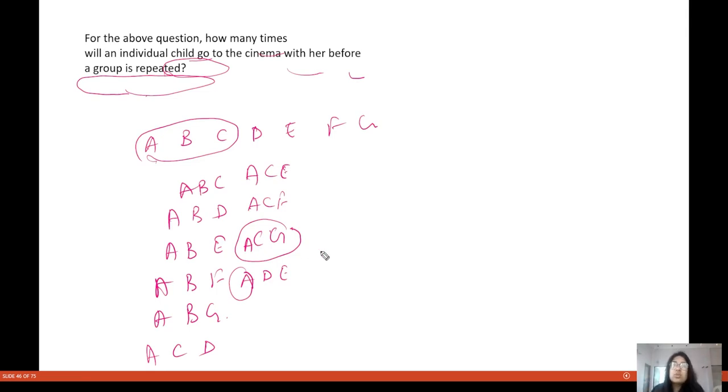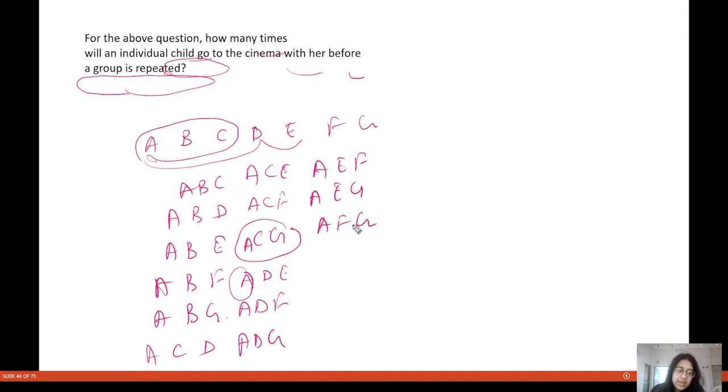We don't have to calculate in this way. I'm just trying to explain what the question is asking you. Either ADE can go to the cinema, or ADF, or ADG. Similarly, AEF can go to the cinema, or AEG, or AFG. So now I think almost all the groups are made.